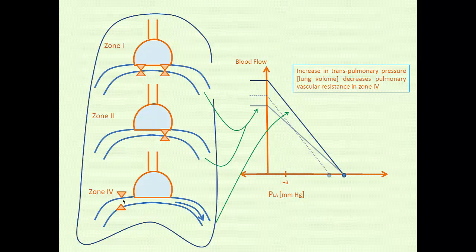So this is sort of as you're increasing lung volume. Sorry, I've cartooned that out here. If you increase transpulmonary pressure or lung volume, you actually sort of improve flow here, which tends to also track this pulmonary venous return curve.